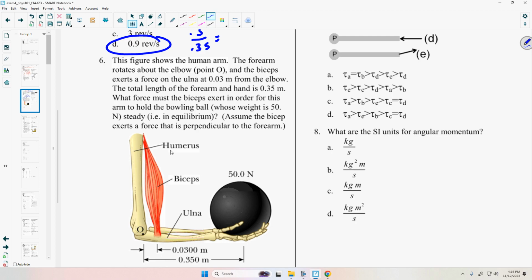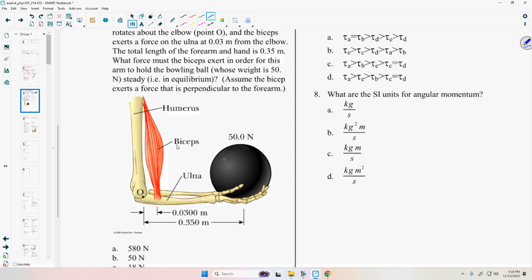Number 6 looks complicated because there's a lot of words and the figure is a little wonky, but if you think about drawing this more simply, I'm just going to draw it as a bar that comes out of the elbow. That means that the axis of rotation is right there, and then there are 2 forces that act on this. There's a force right here, I'll call that FB, and then there's the force right here, I'll call that FW.